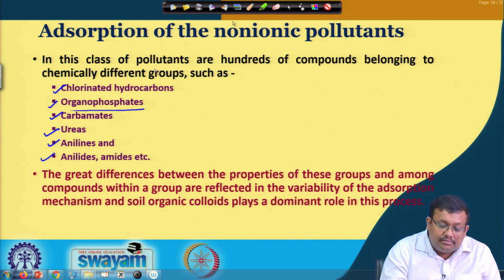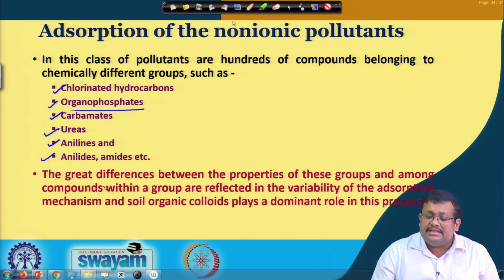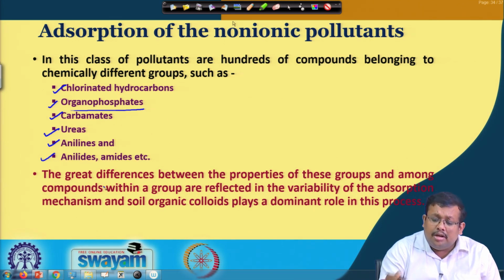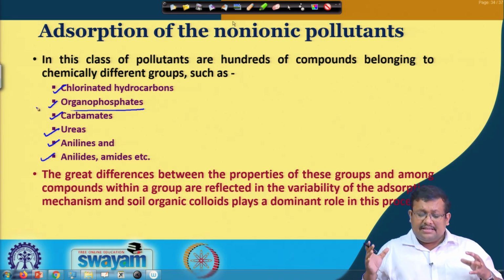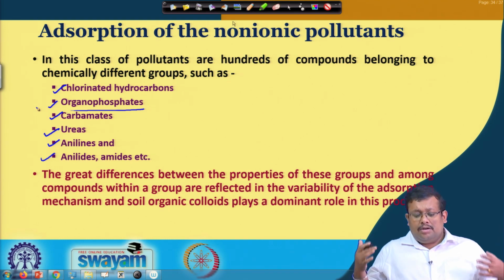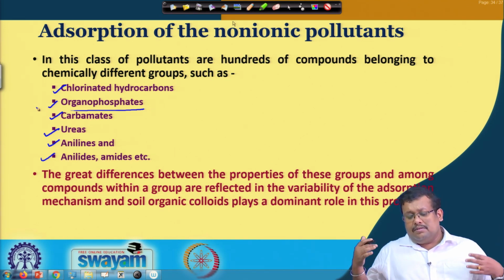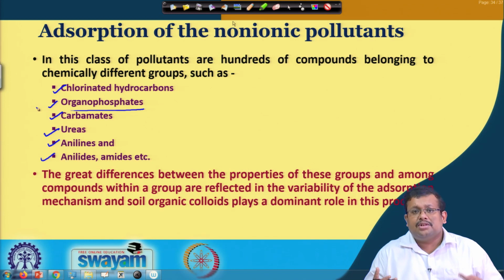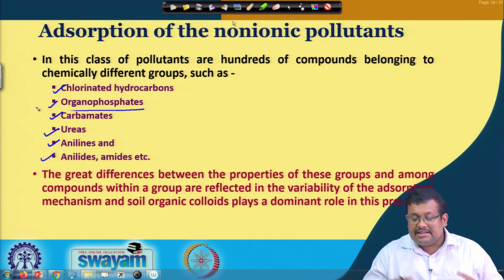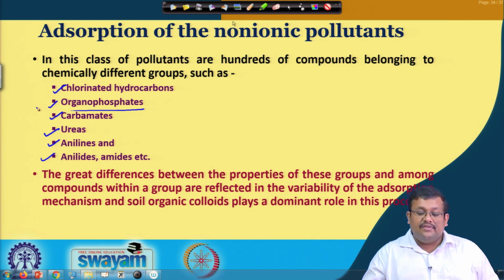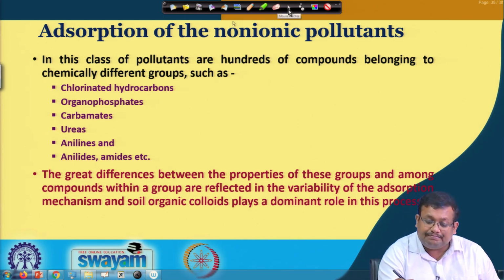So, obviously, all these compounds are non-ionic pollutants, and their properties vary so widely that their adsorption mechanisms, as well as the presence of soil organic colloids, play an important role in the process of their adsorption or retention.